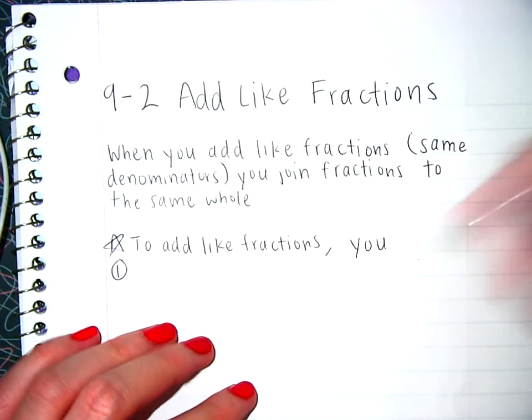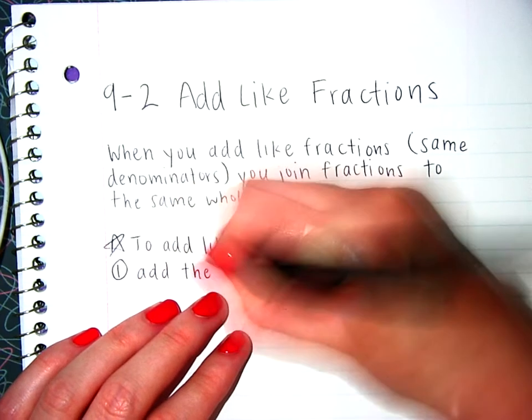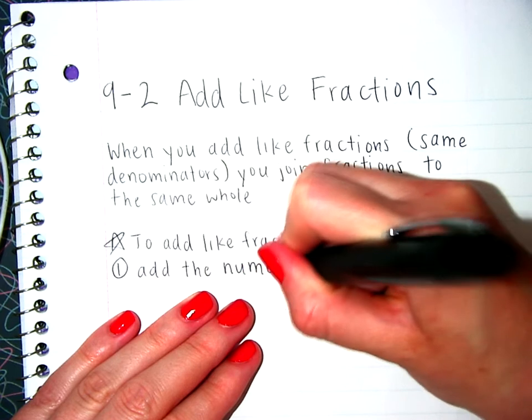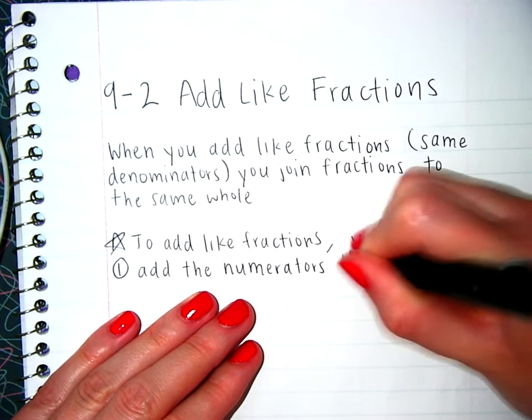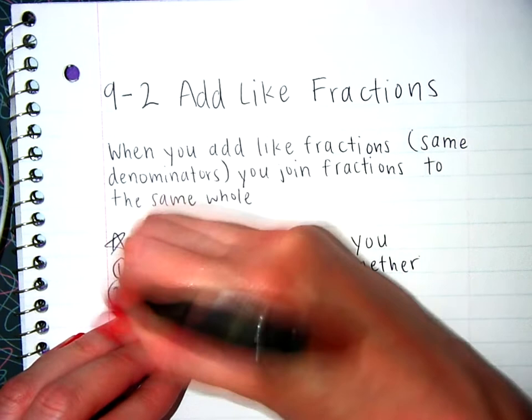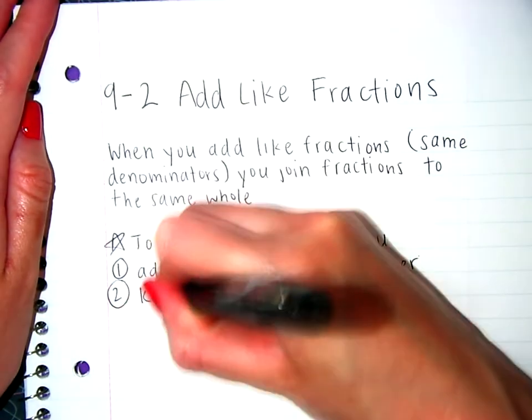So your first step is add the numerators together. And then your second step is to keep the same denominator.